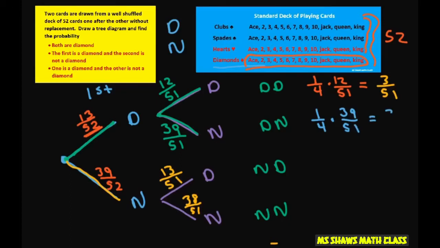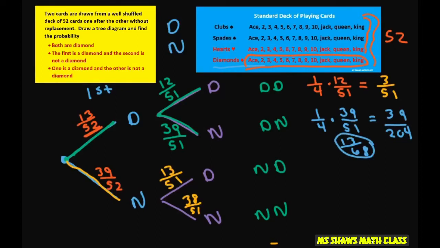That equals 39 divided by 204. That reduces to 13 out of 68.